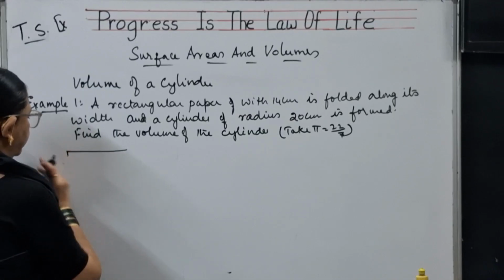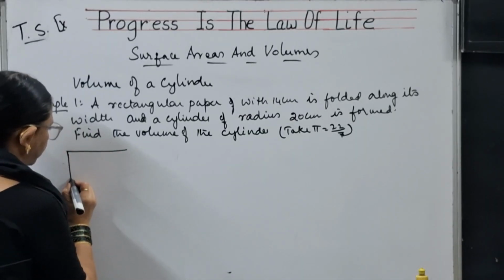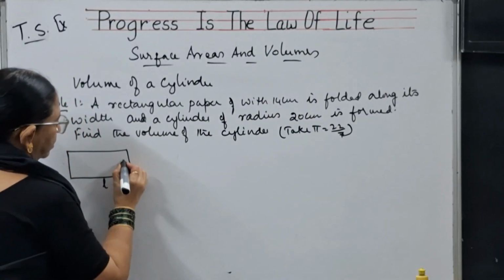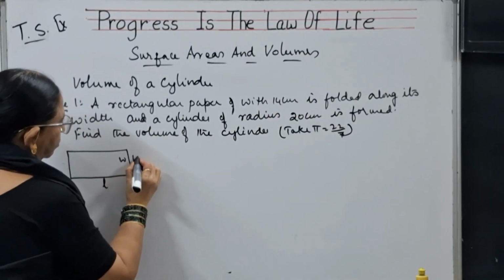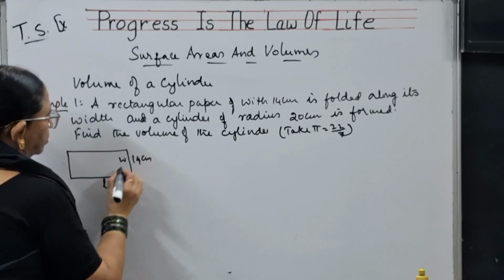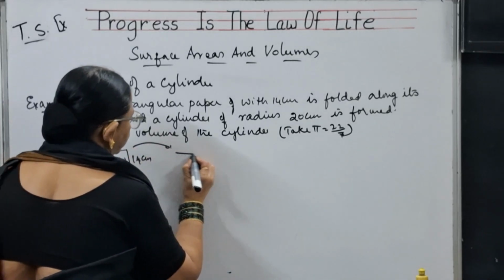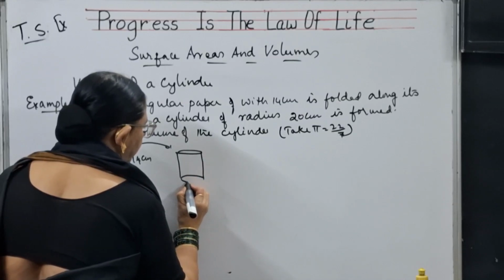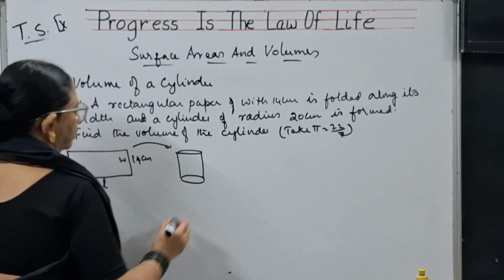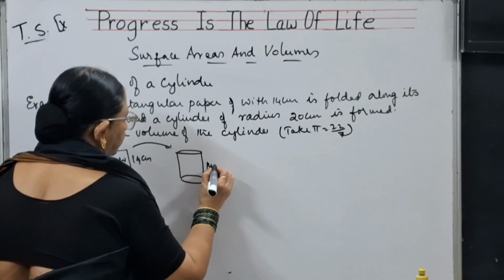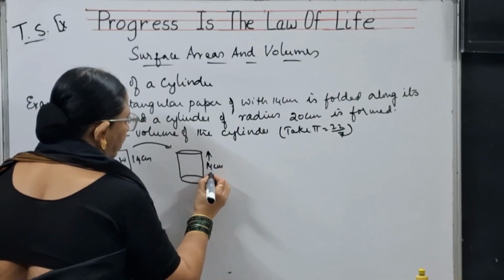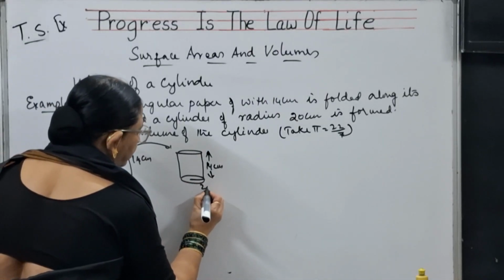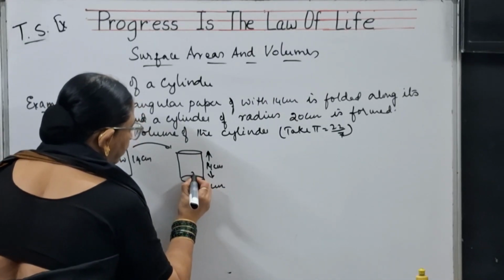This is length, this is width. Width they have given 14 centimeters. This is folded into a cylinder along the width side. That means this becomes 14 centimeters, the height, and the radius is 20 centimeters.